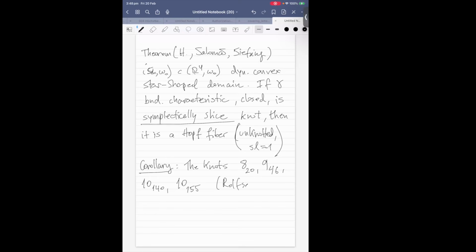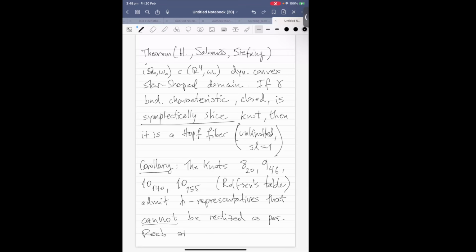I'll say a little bit more about Rolfsen's table. These admit transverse representatives that cannot be realized as periodic Reeb orbits.